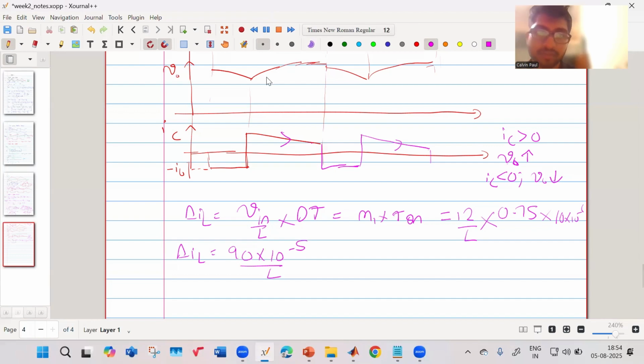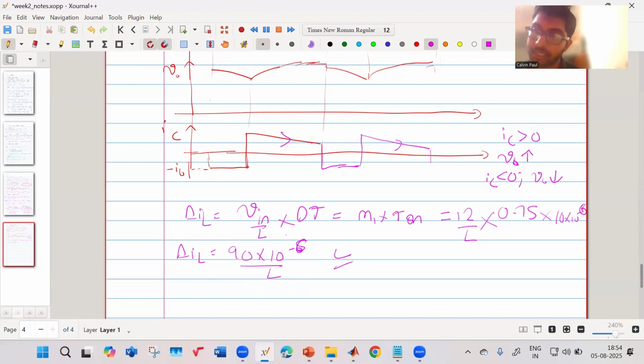So it is 10 to the power minus 6, right? Okay, sorry. 10 raised to minus 6. So this will be 90 into 10 raised to minus 6. Okay, so this is my delta IL, right? So this expression we have got.